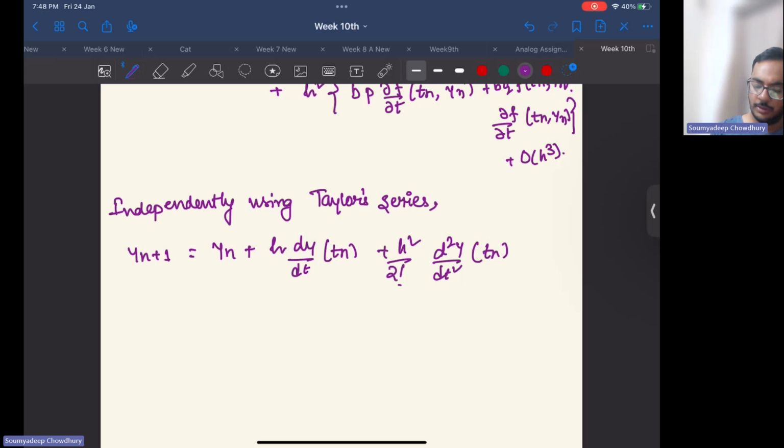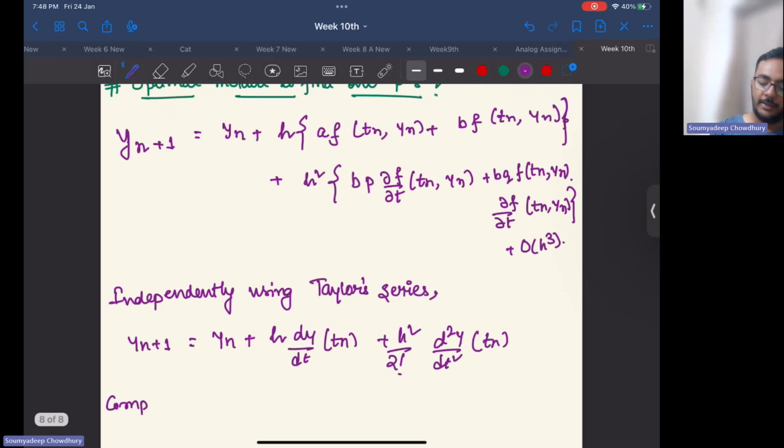So using all these things, if we compare the above to this, this is a general equation for finding a function in terms of the derivatives of the function.